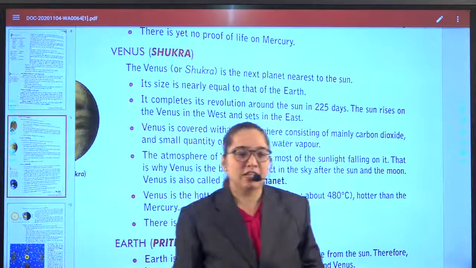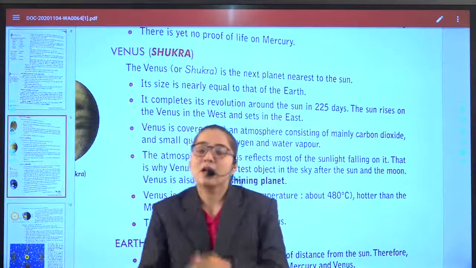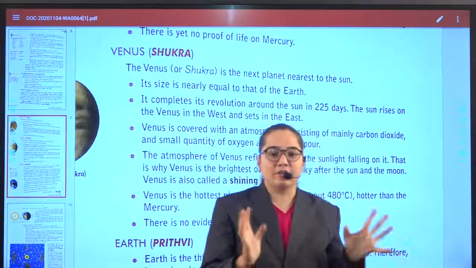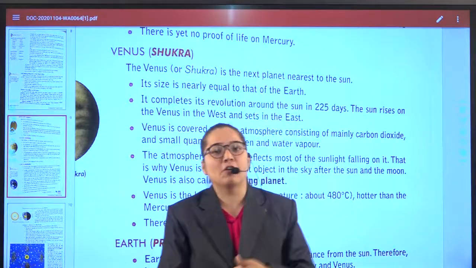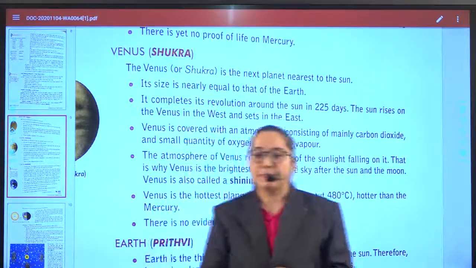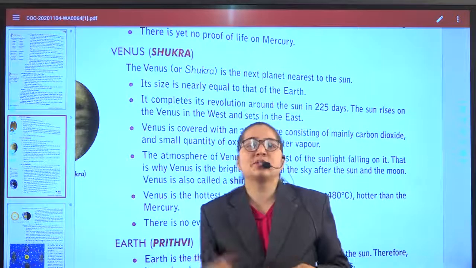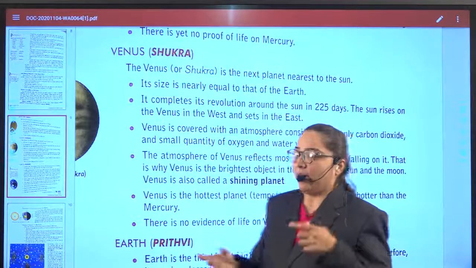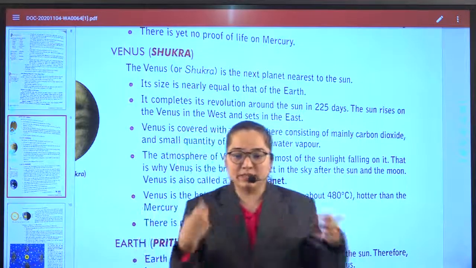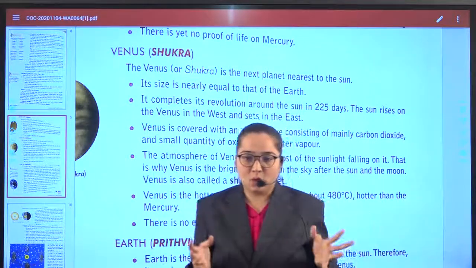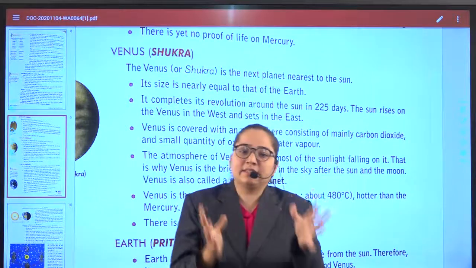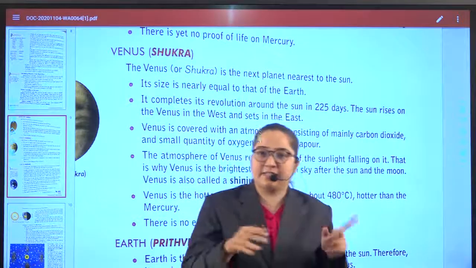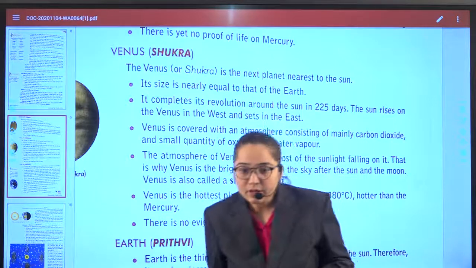Next is Venus, which is Shukra. If you compare the size, it is nearly the size of the Earth. For one complete revolution around the Sun, it takes 225 days. Its rotation is reversed, so on Venus the Sun rises in the west and sets in the east.